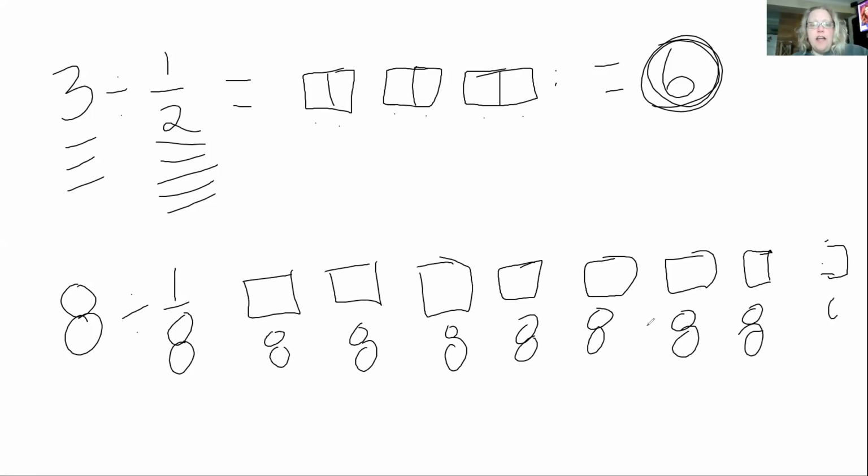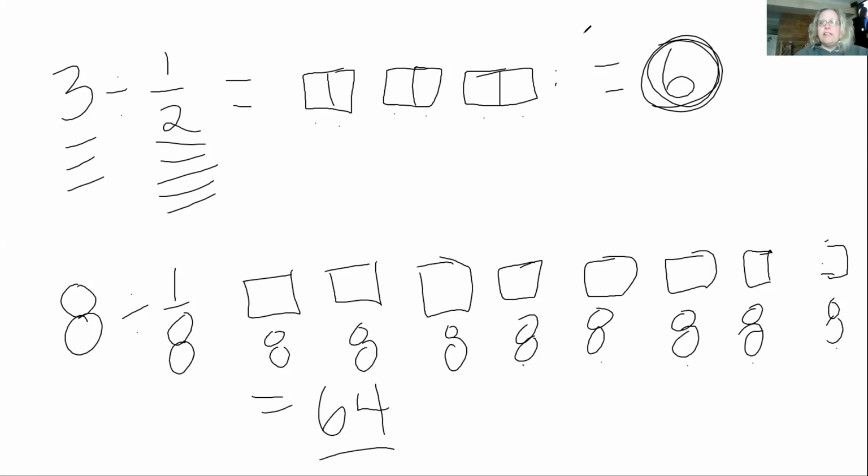So when all is said and done, you have 8, 16, 24, 32, 40, 48, 56, and 64. So 8 divided by 1/8 then actually equals 64 because you have 64 of those 1/8 size pieces.